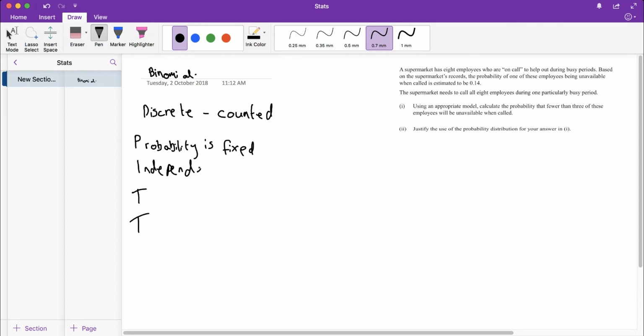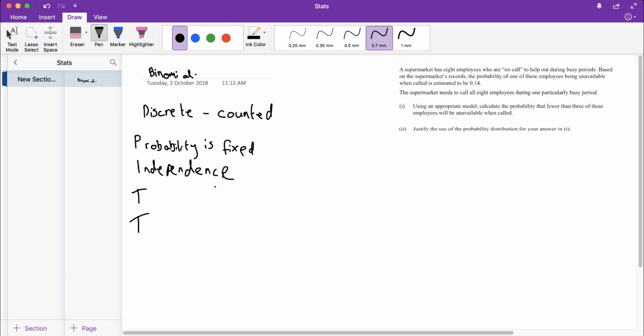It follows from the probability being fixed, but the binomial distribution grew out of a tree diagram. So we know to use a tree diagram and go along the branches, and each one has to be independent. Otherwise, that doesn't work. Okay, so independence is the next one.